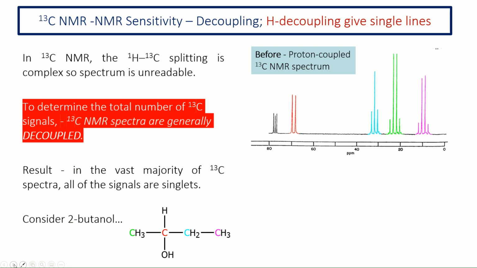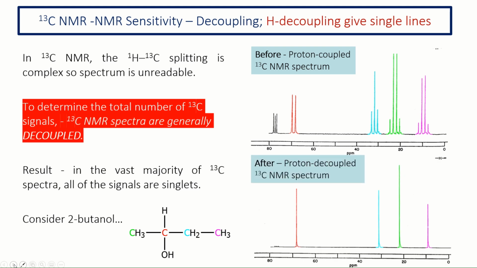But as we saw earlier, this becomes very difficult to read, and so what we do is we decouple, so we tweak it so that we only see the carbon without the coupling with hydrogen. And so we have what's called a decoupled spectrum. Most carbon spectra are decoupled.